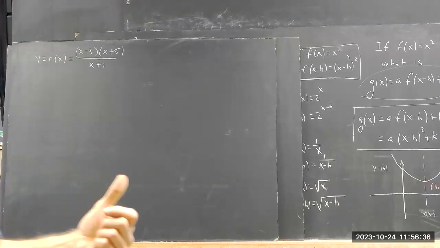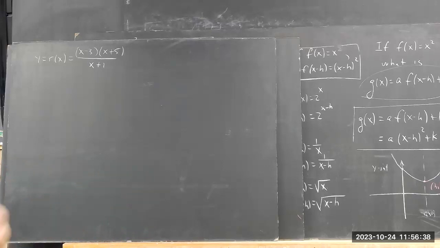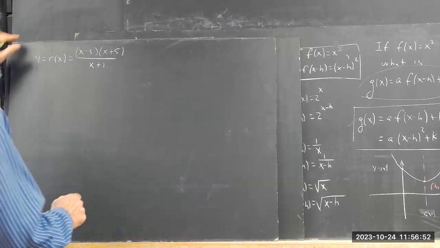Now, what's the first question we asked in what we just did? We asked, when's the numerator 0? When's the denominator 0? So you maybe want to write this down as an algorithm.